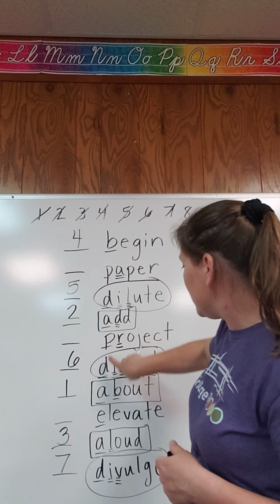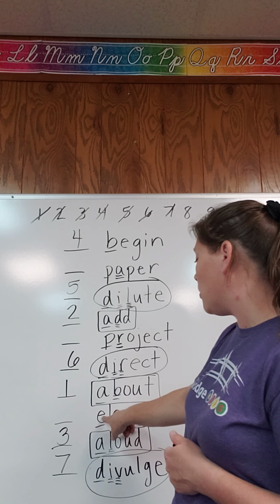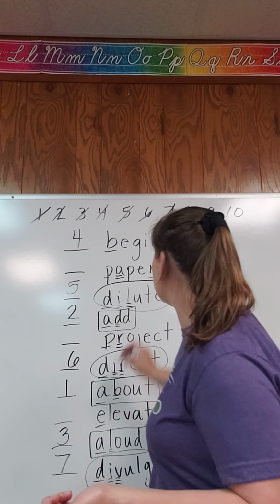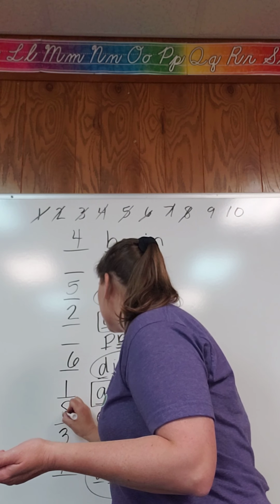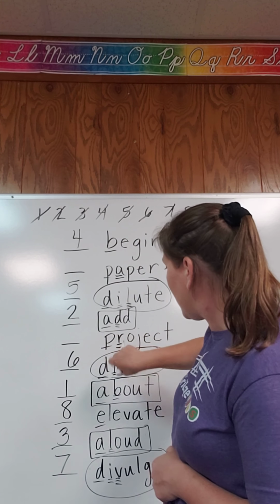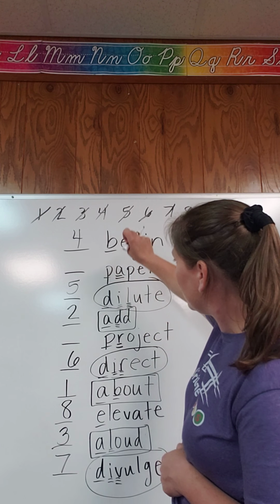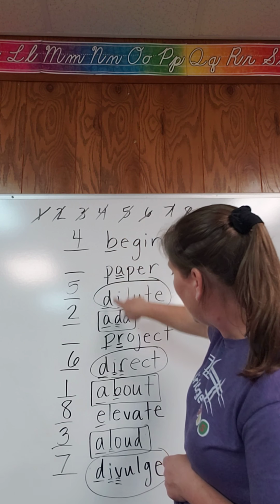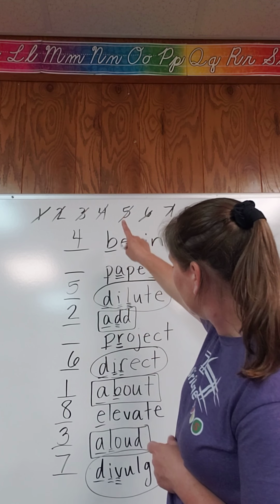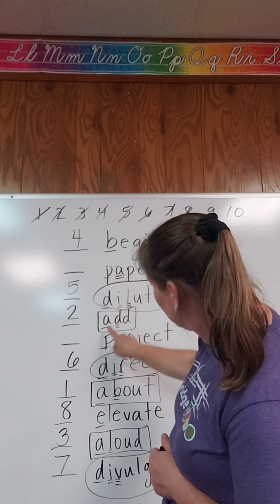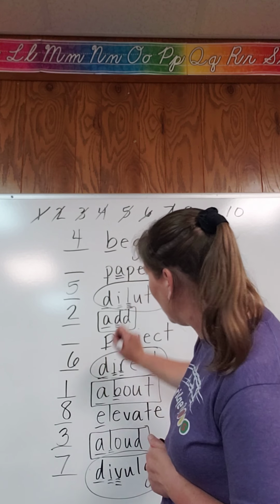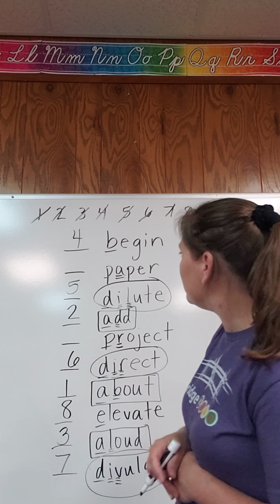Do we have any that start with an E? Yes, we do. We have one that starts with an E. No others start with an E. That makes elevate word number 8. Do we have any that start with an F? G, H, I, J, K, L, M, N, O, P. There we go.